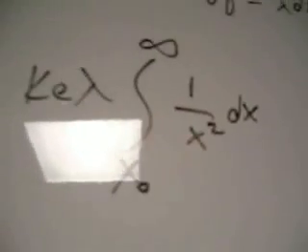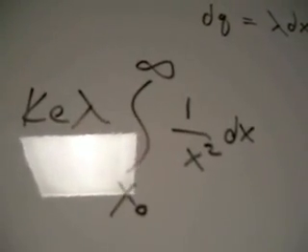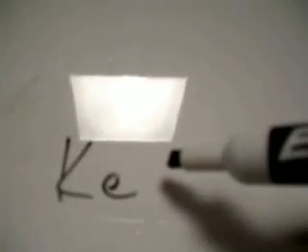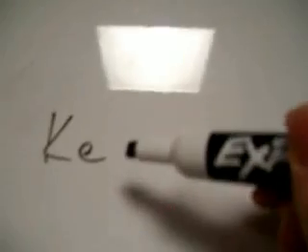Now, we're going to move down here to a different area. What I'm going to do here is say that this whole thing is an improper integral. So we'll keep the constants.